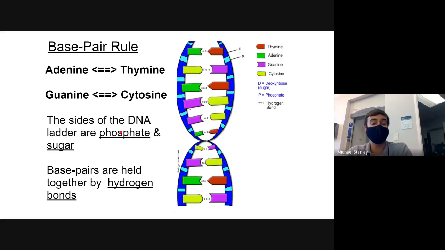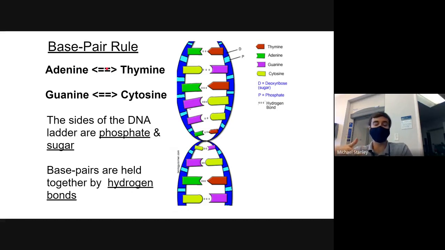Like I said, next week, we're going to talk a little bit about RNA, which has a little bit different rules. It swaps out the T for a different letter, a U. But we'll worry about that when we get to it. Just remember, if you're dealing with DNA, this will always, always be true.